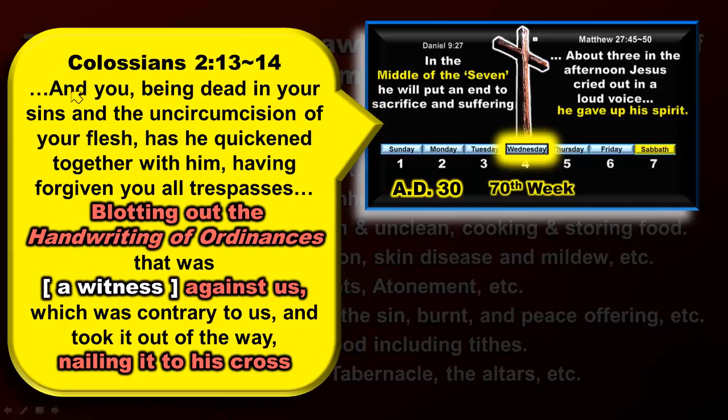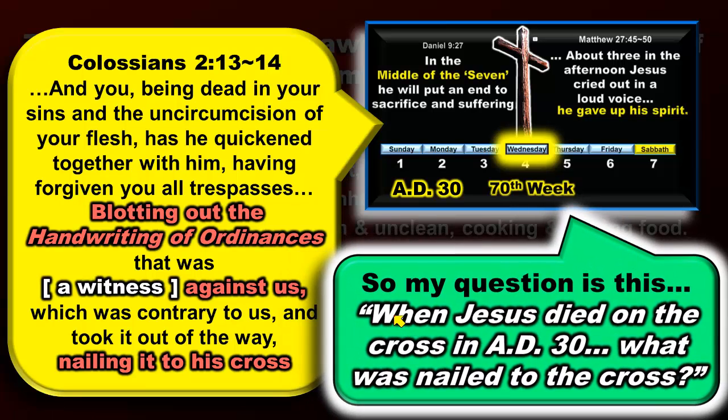In Colossians we read, "And you being dead in your sins and the uncircumcision of your flesh, has he quickened together with him, having forgiven you all trespasses, blotting out the handwriting of ordinances that was a witness against us, which was contrary to us, and took it out of the way, nailing it to the cross." So my question is this: when Jesus died in AD 30, what was nailed to the cross?